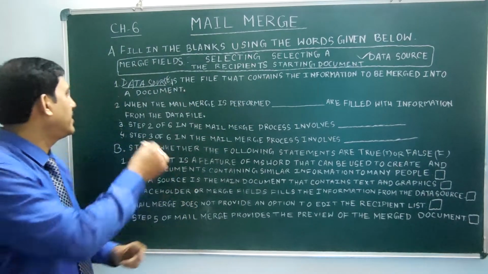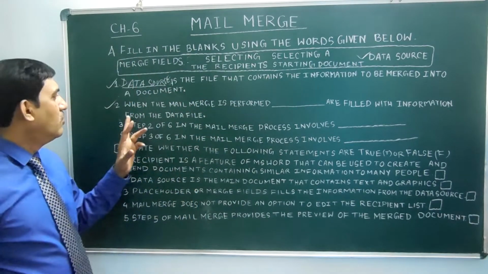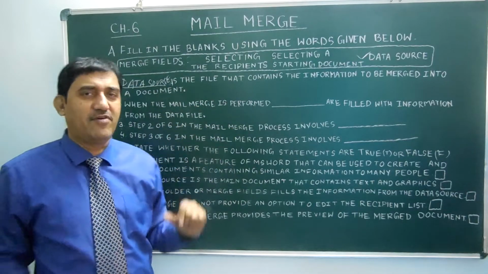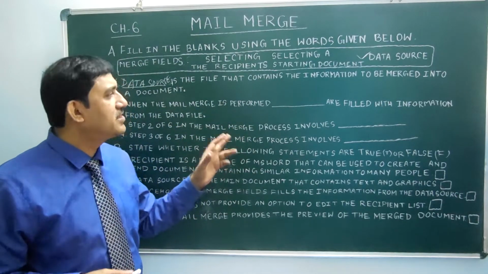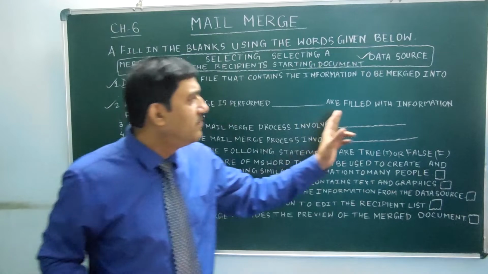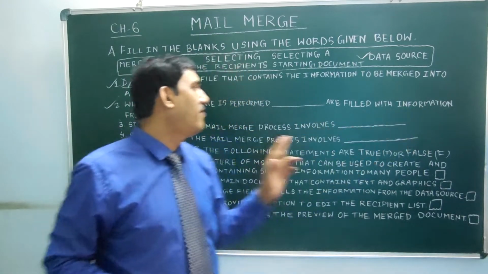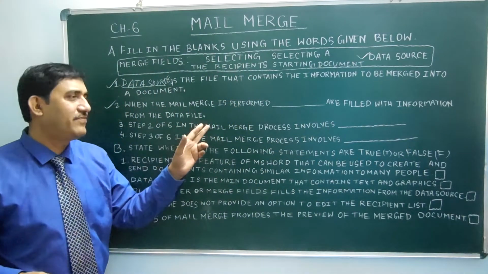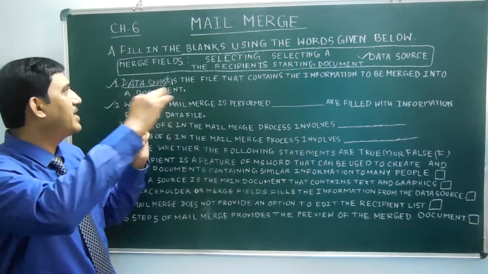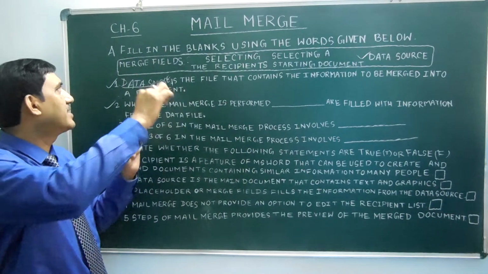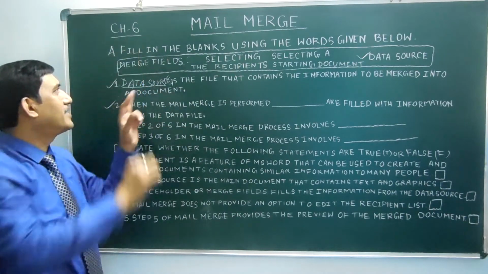Now coming to the next one, number 2. When the mail merge is performed, dash are filled with information from the data file. So from the data file something is coming in, and it comes to the merge fields.